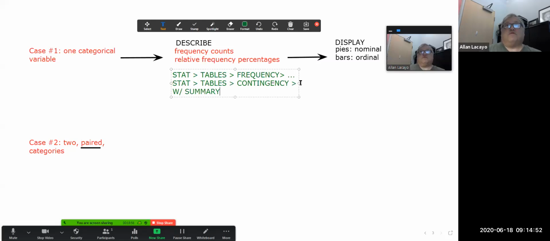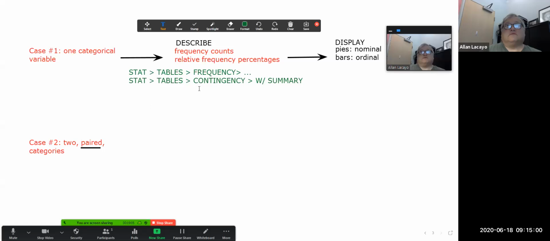So we will learn two different sequences in StatCrunch for this particular case. And then we're also going to learn about display commands, which are under the Graph menu.